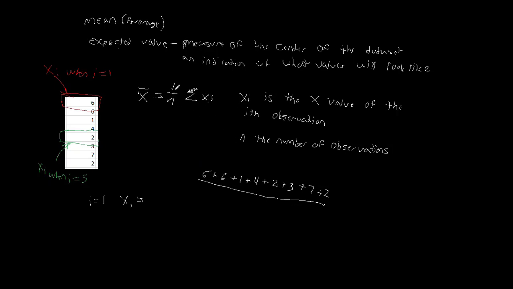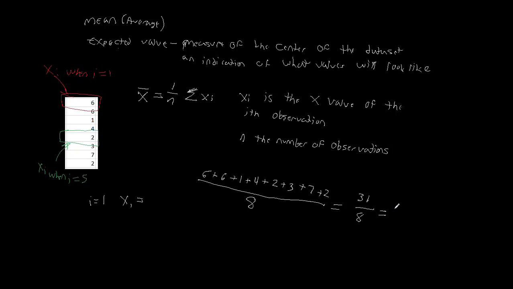And then we're multiplying it by 1 over n, which is the same as putting n on the bottom. And n is the number of observations. In this case, we have 8 observations, so we're going to put an 8 on the bottom. If we sum all of that up, we get 31 on the top and 8 on the bottom still.